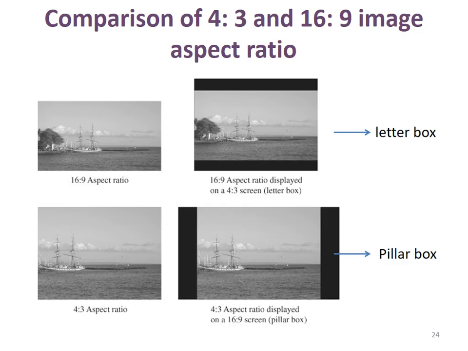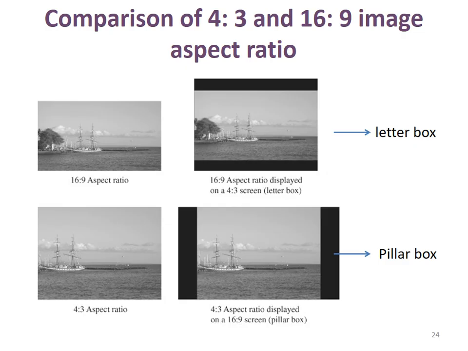Once we need to display it with the aspect ratio 4 to 3, we can include the black parts here. Once you compensate the original film with these black regions, then we can change the ratio from 16 to 9 to 4 to 3. So we call this letterbox.